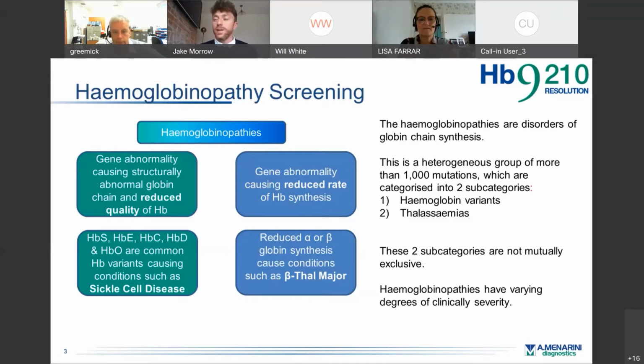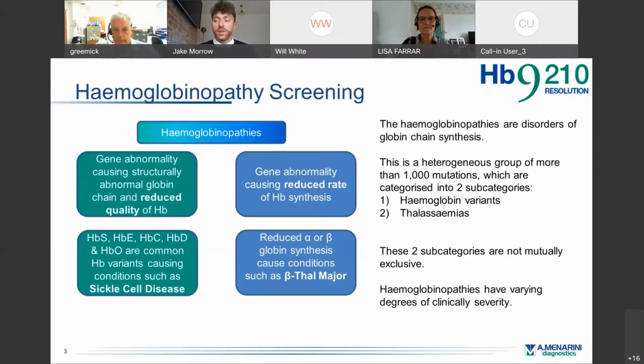Reduce the quality of the hemoglobin produced. A common example of this would be hemoglobin S and sickle cell disease. Thalassemias, on the other hand, are results of gene abnormalities that cause a reduced rate of globin chain synthesis, so this reduces the quantity rather than the quality.